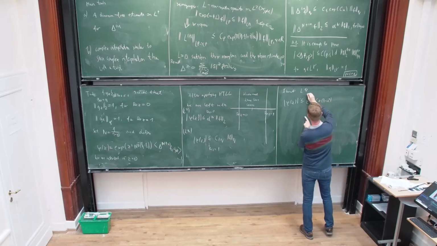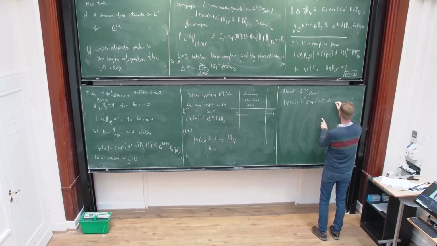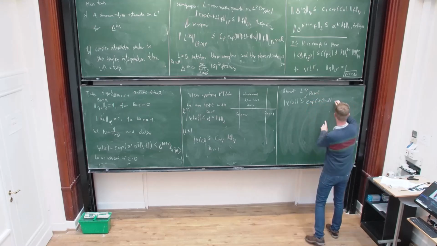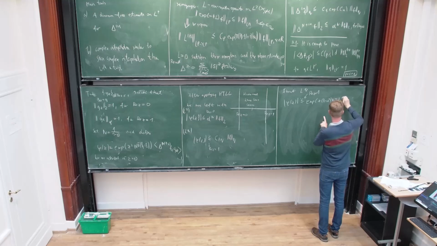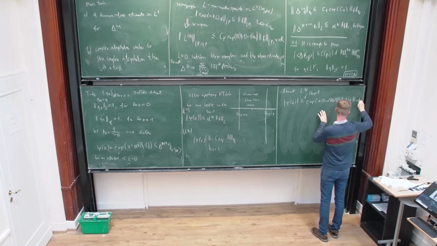This is now the LQ bound, which means that the real part is 1. And then this expression that was there, which is n pi, sorry, this is with a minus, this is with a plus, and this is multiplied by u.